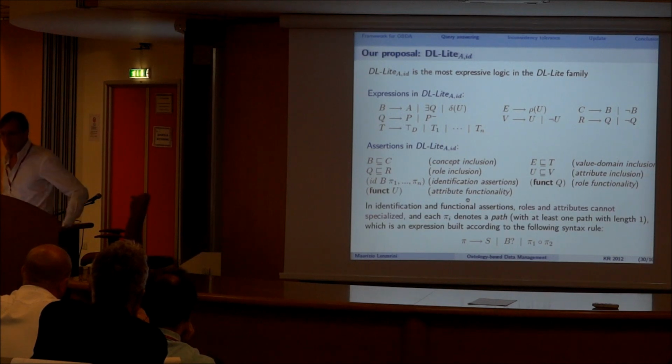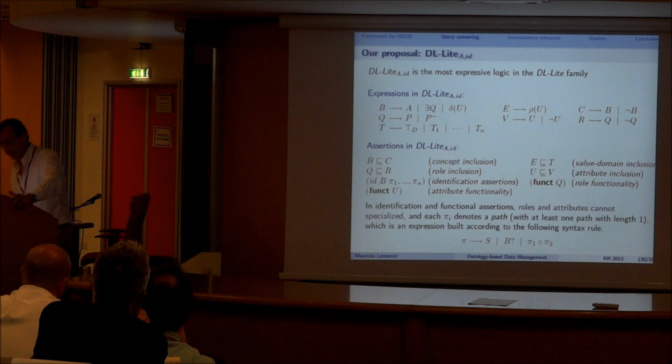Now I'm going to talk about a particular member of this family, the description logic called DL-Lite A,id. But there is a family of DL-Lite description logics that you can use, all of which have this property of being first-order rewritable into union of conjunctive queries.